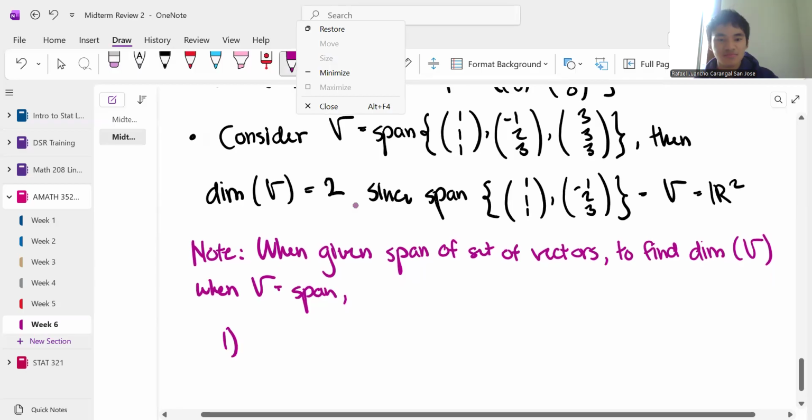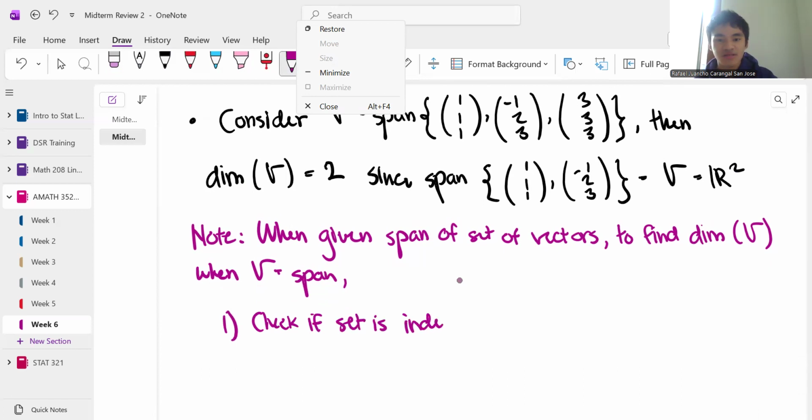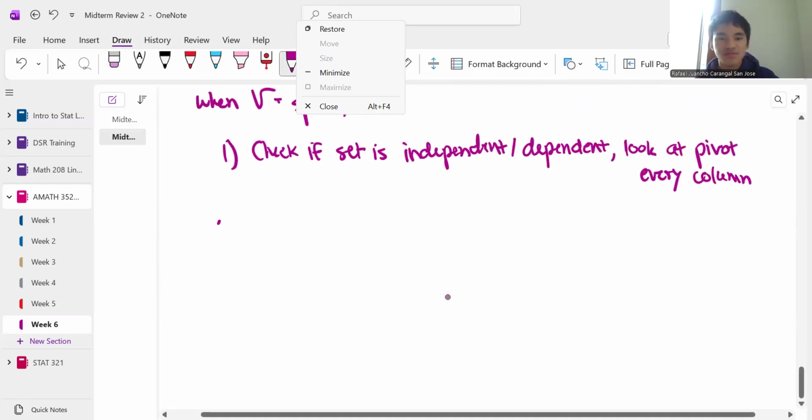One, check if the set is independent or dependent. Look at the pivot in every column. Another thing we check is the rows.